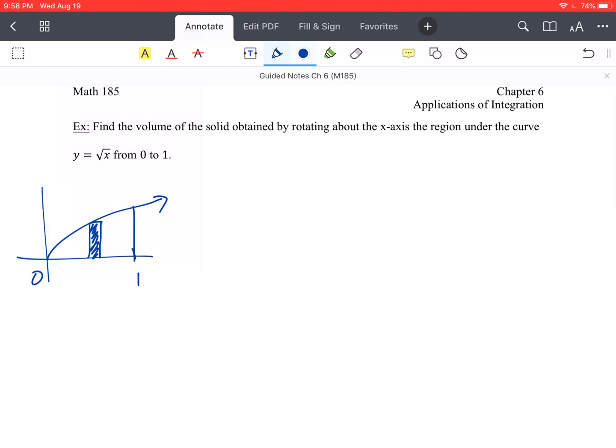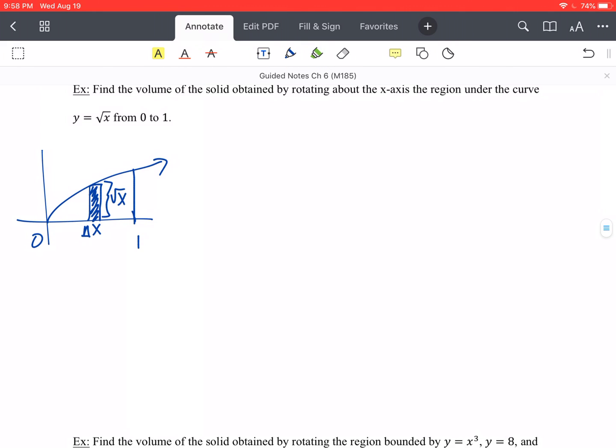I'm just going to draw a sample rectangle. The width of this would be delta x. Its height would be the square root of x. And then we find the area of one of these cross sections and then extrapolate that into volume.